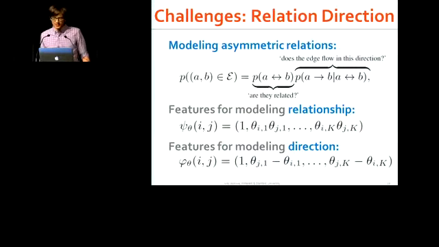What's the direction? And when we are learning this, it turns out to be important that when you are modeling whether the two products are related, you want to take features and multiply them. So basically, you want to do an AND over the features, right? We are related because we share this feature. But when you are trying to learn a direction, it turns out that you have to process your features in a different way. You have to take differences, which basically says, do I have more of feature X or do you have more of that feature X?